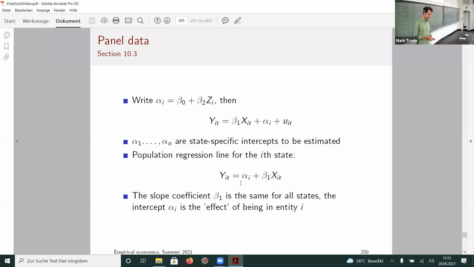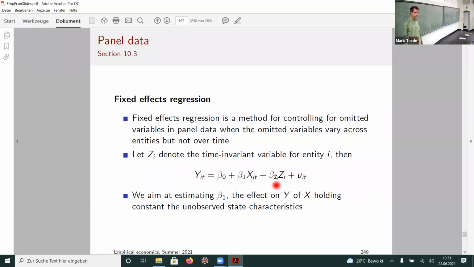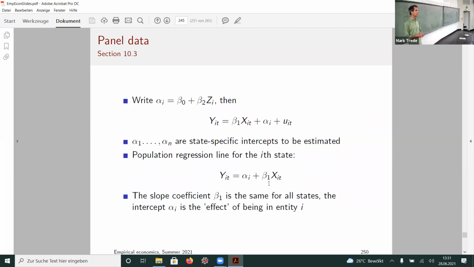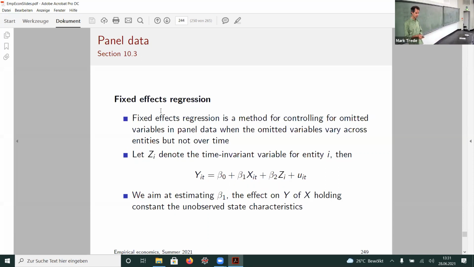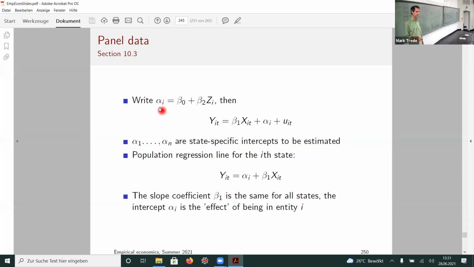All right, so let's go back again. We can see here that this term does not change over time, just as before. So that's also true if we look at more than 2 periods, of course. And therefore, if we merge the intercept and this time invariant term, we could call that alpha I. So we merge the intercept and this term here, and we call that alpha I. And then we can rewrite the equation in this way.